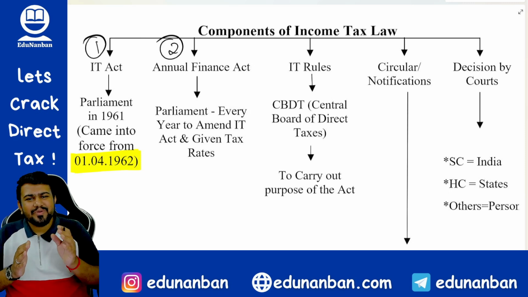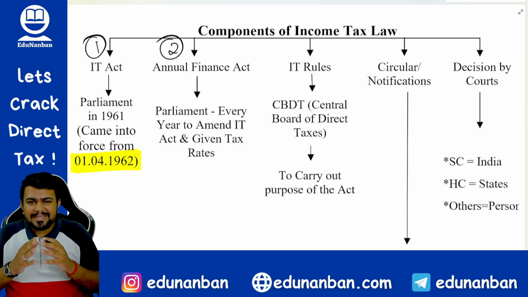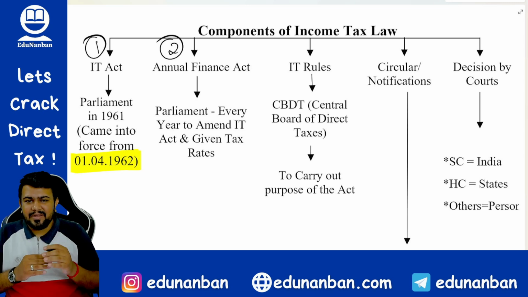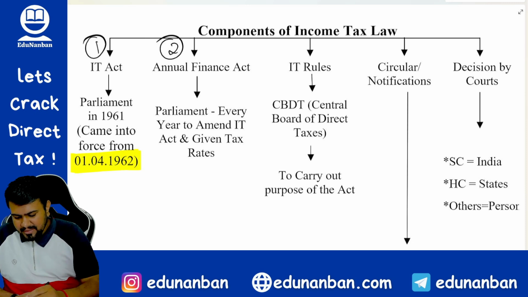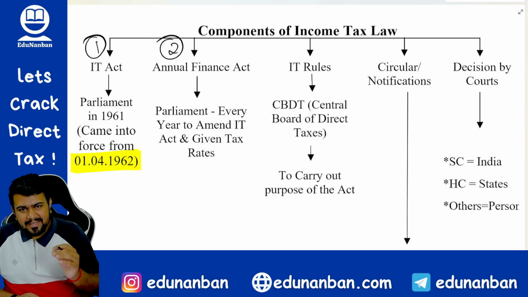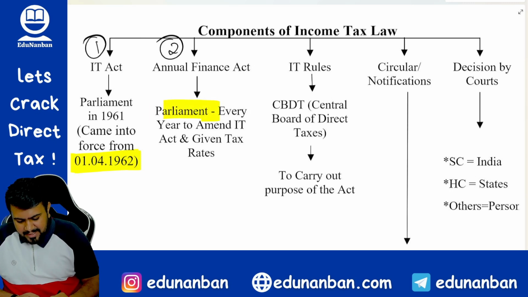However, I told you in the last class that the Income Tax Act was passed in 1961, so many years back. Then how come there are changes every single year? The answer is the Annual Finance Act. This Annual Finance Act, like any other act, is passed by the Parliament.